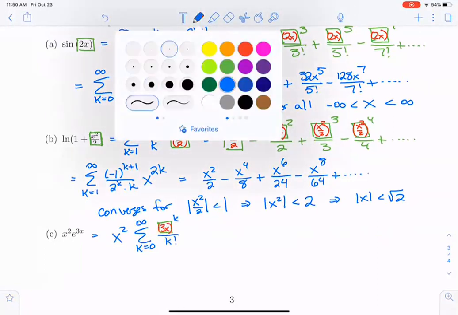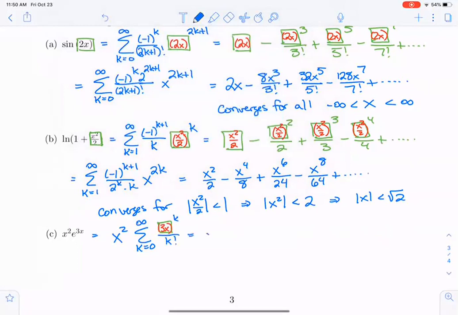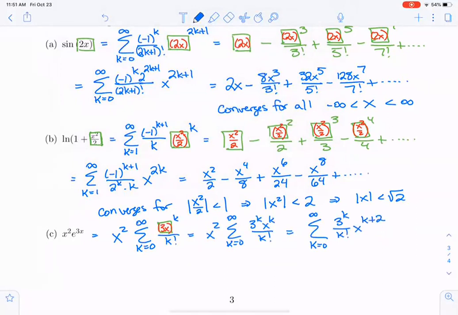I'm not going to write out the terms this time. This is just going to be x squared times the sum from k equals 0 to infinity of 3 to the k x to the k over k factorial. And then I'm going to write it one more time as the sum from k equals 0 to infinity of 3 to the k over k factorial, and then that's x to the k plus 2.